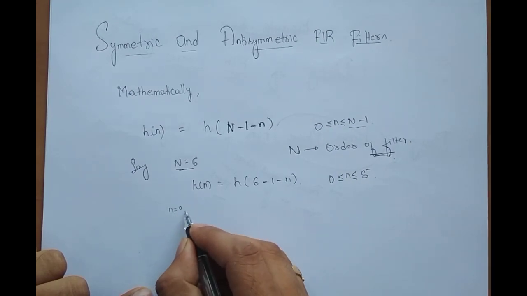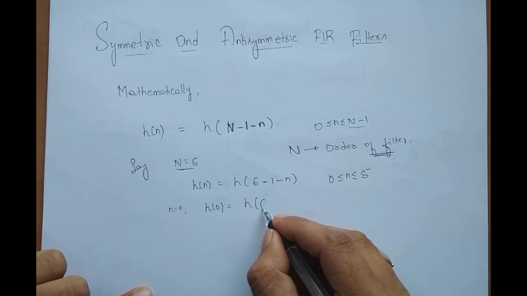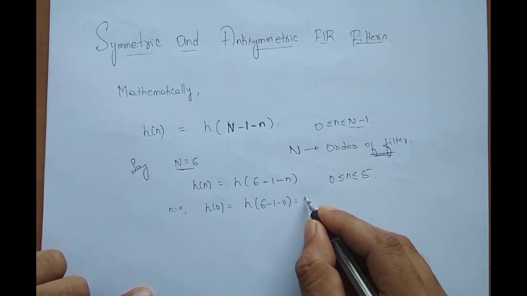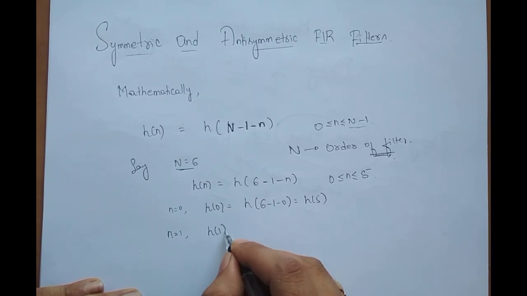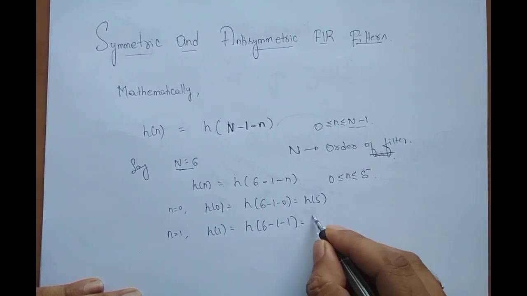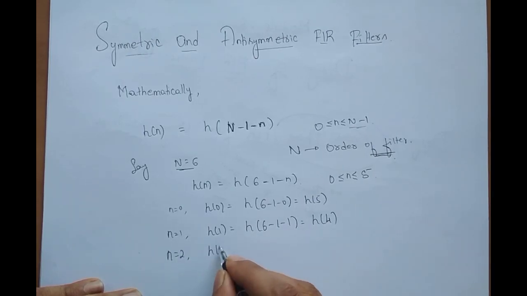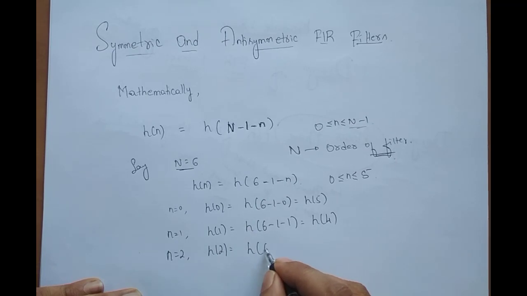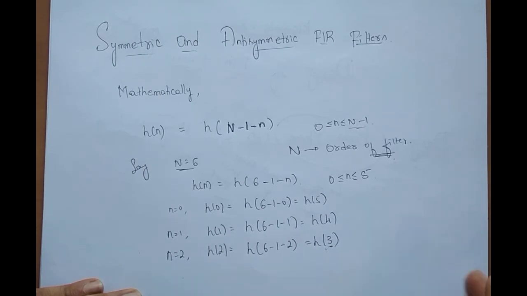If I put n equal to 0, h of 0 is equal to h of 6 minus 1 minus 0, which is h of 5. When n equal to 1, h of 1 is equal to h of 4. When n equal to 2, h of 2 is equal to h of 3. I cannot give n equal to 3 because h of 3 is already there.